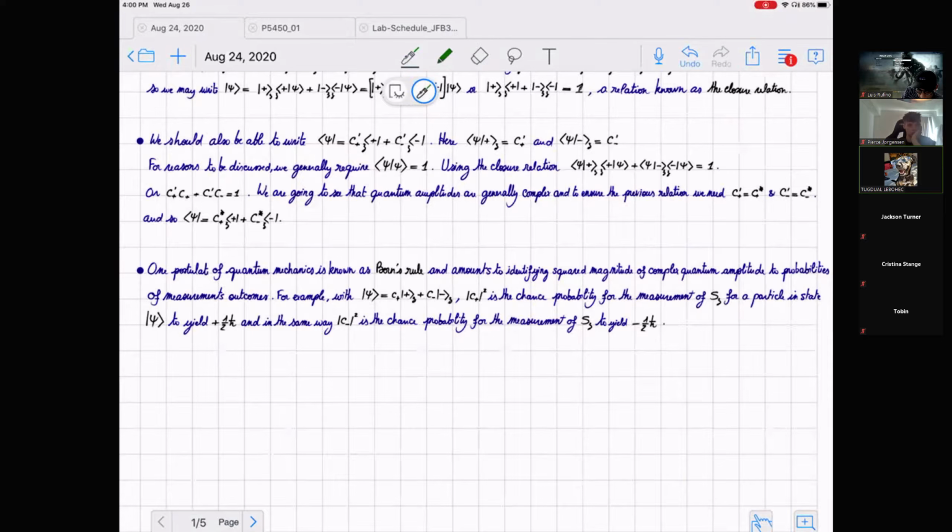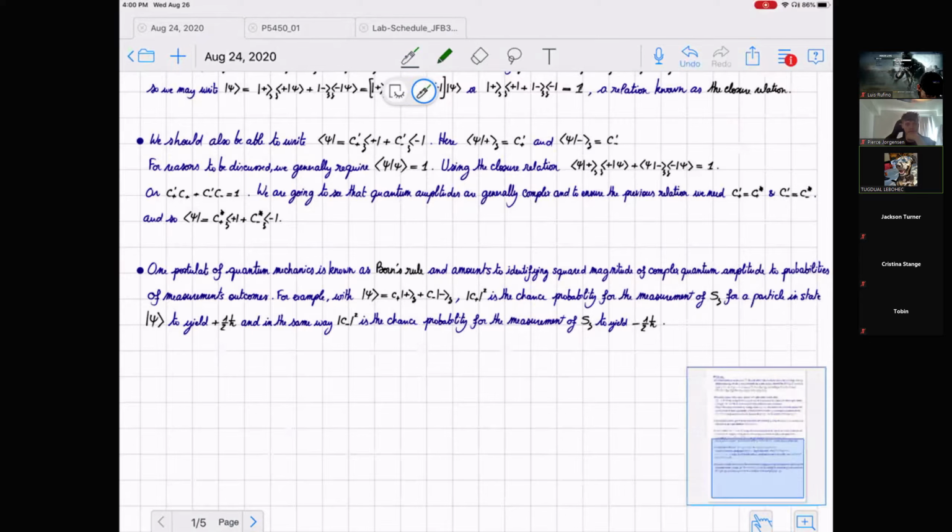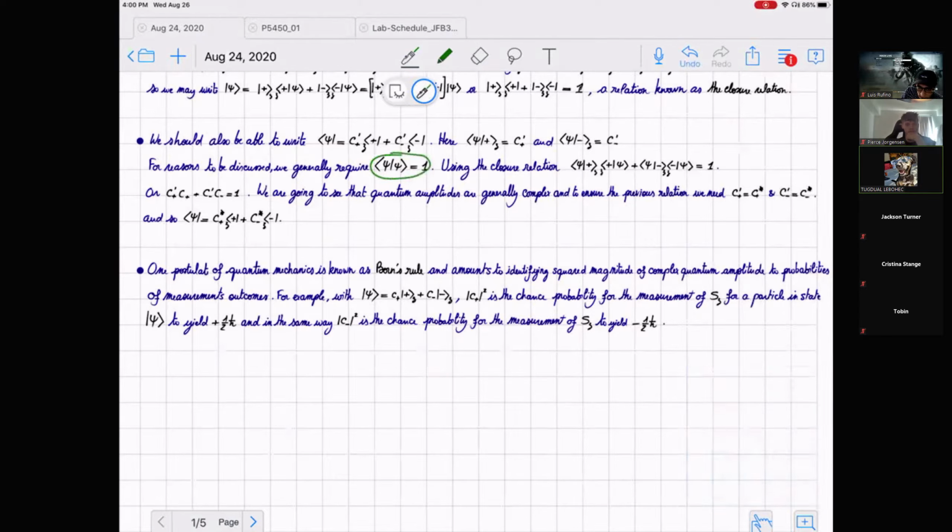And since there is nothing else that can be measured, that means that the sum of the probability to obtain plus sub z with the probability of obtaining minus sub z has to be equal to 1. And that's the reason why we like to normalize the state vectors to unity.